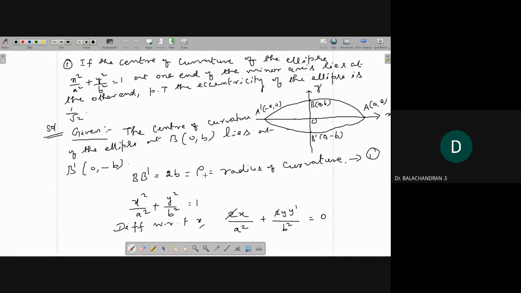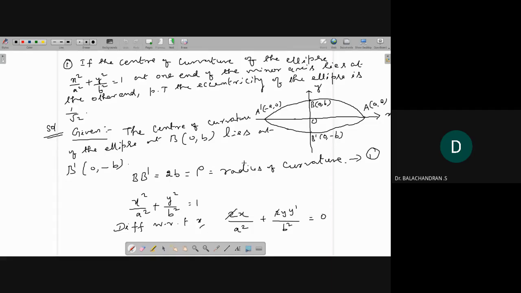Now I am going to find y dash and y double dash from the equation x square by a square plus y square by b square equal to 1. If you differentiate this equation with respect to x, you will get 2x divided by a square plus 2y divided by b square into y dash is equal to 0. If you divide throughout by 2, we have x by a square plus y into y dash by b square equal to 0.